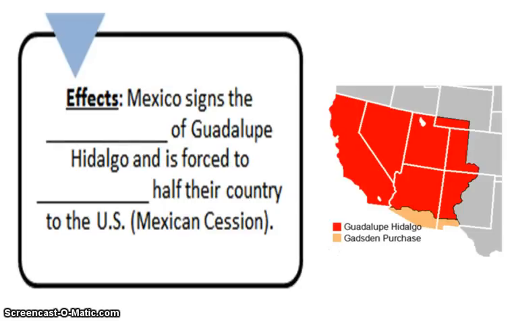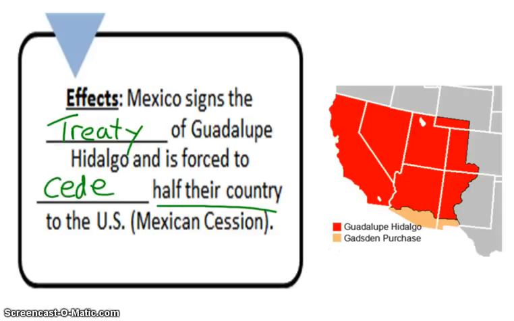The biggest effect of the war with Mexico after this fighting ends is Mexico is basically forced to sign a treaty called the Treaty of Guadalupe Hidalgo. And this treaty is where they have to cede, have to give away about half of Mexico to the United States.